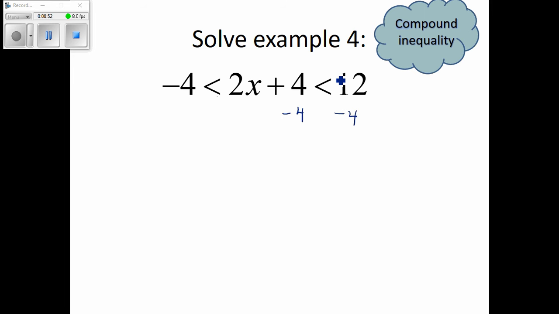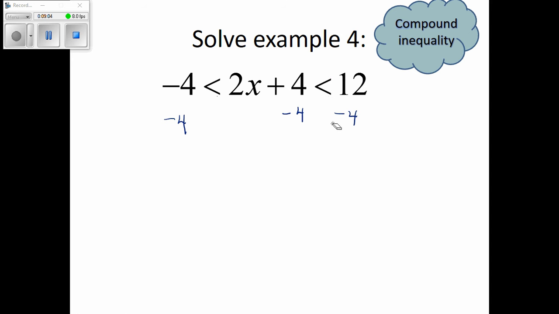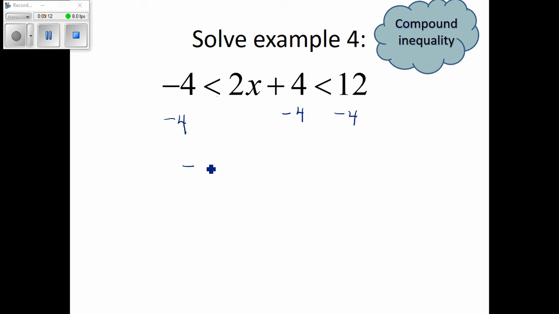But if I cover this part up, then I would subtract 4 from here and over here. So when you have a compound inequality that has 2 inequalities in it, you're going to subtract 4 from all 3 sides. Okay, so then this will become negative 8, which is less than 2x, which is less than 8.